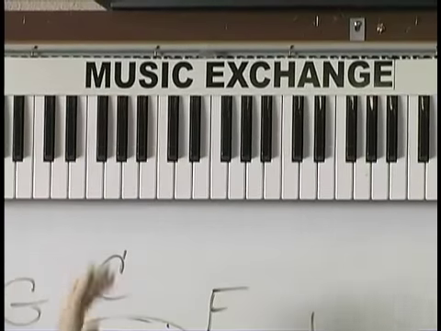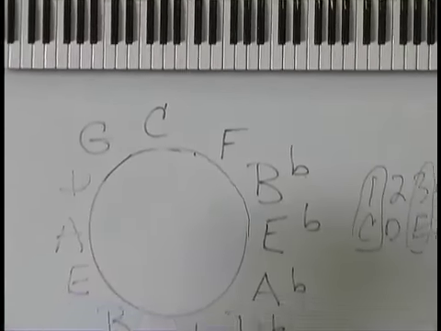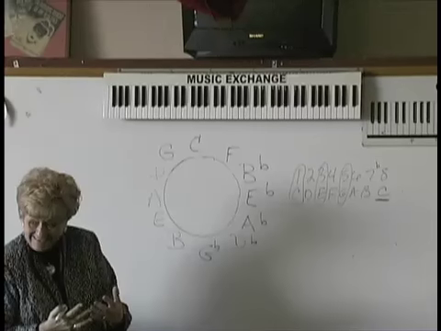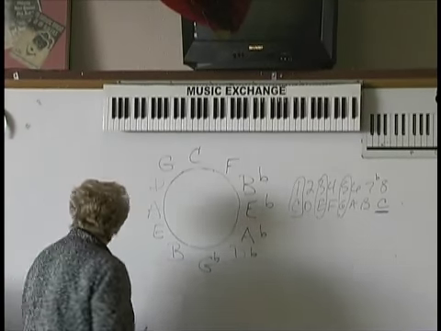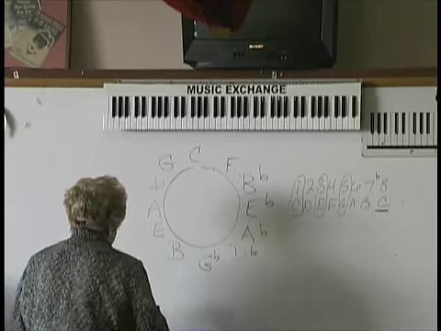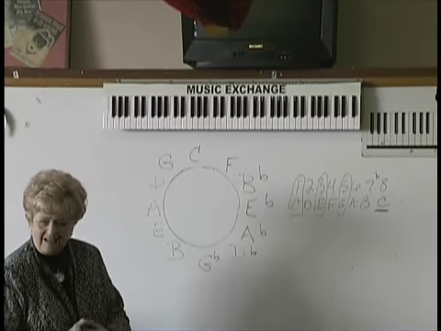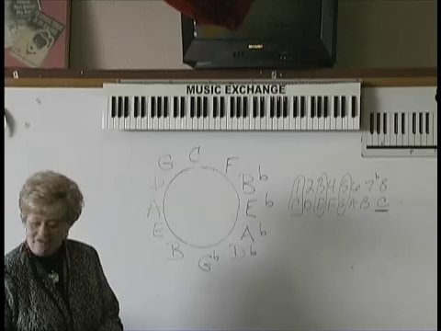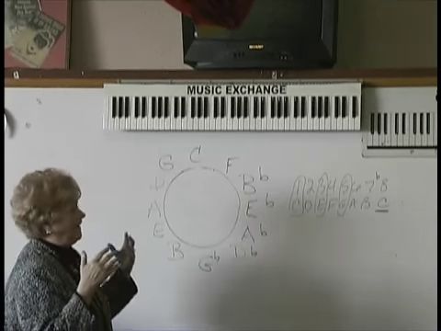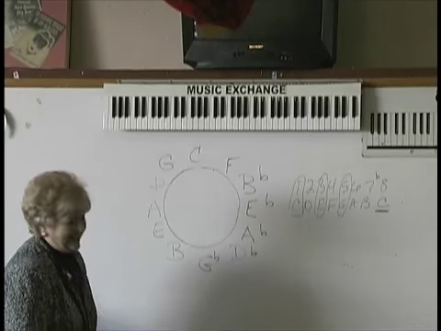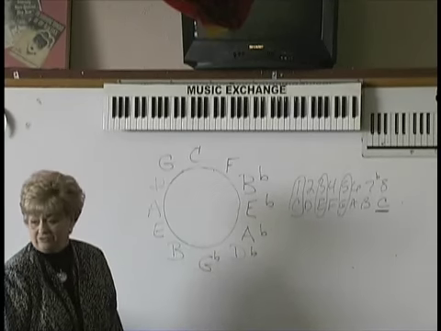And just keep going all the way around the circle. Aren't you excited? Now, if you're sitting there like most grown-ups do, and you're trying to analyze this to death, stop it. All right? Anytime you have a seventh on a chord, almost always it moves one to the right on the circle.